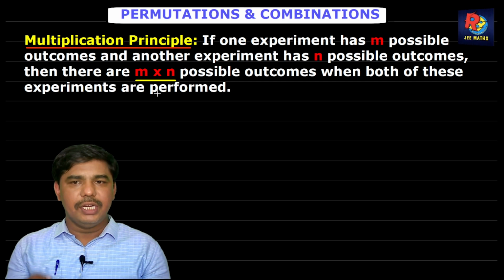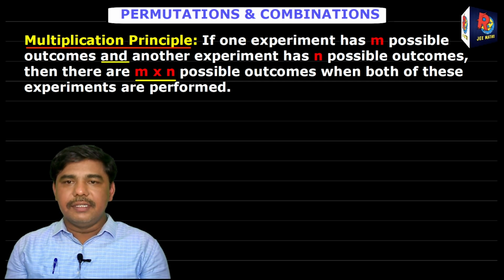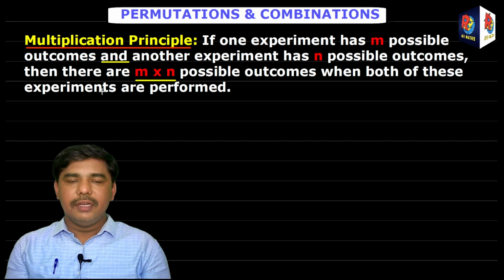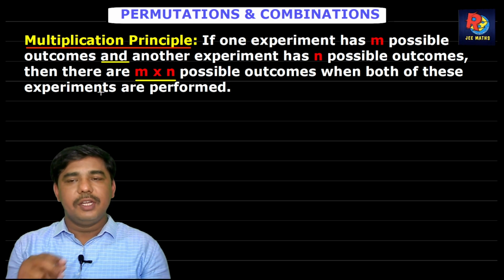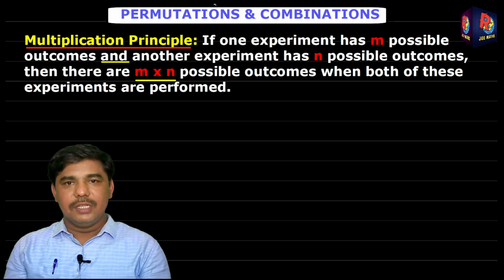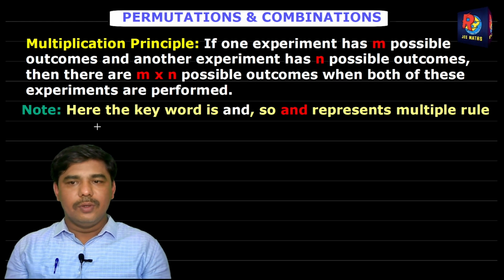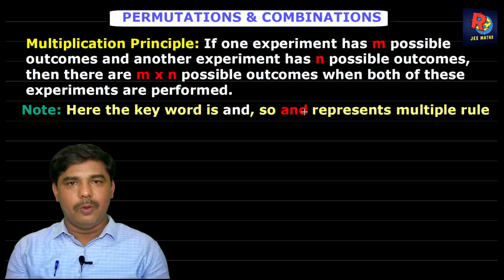Mostly you need to observe that "and" is the keyword. Whenever you find "and" in the statement, 100% you are going to apply the multiplication principle. So note here the keyword is "and", which represents the multiplication rule.